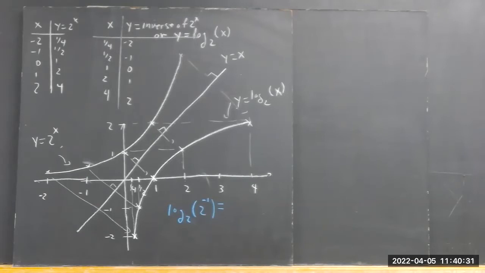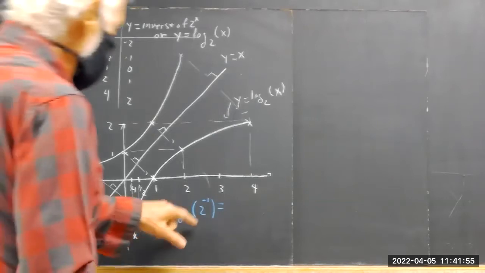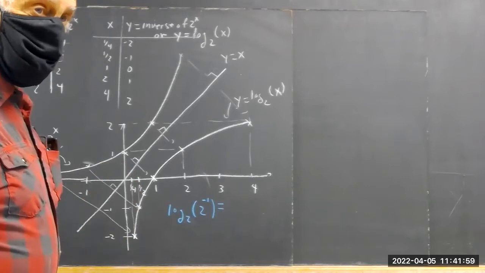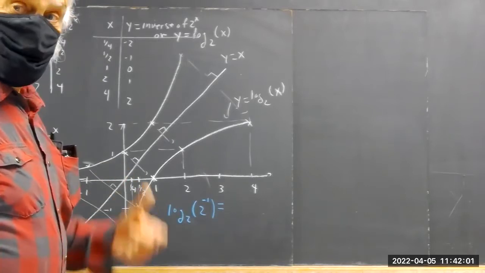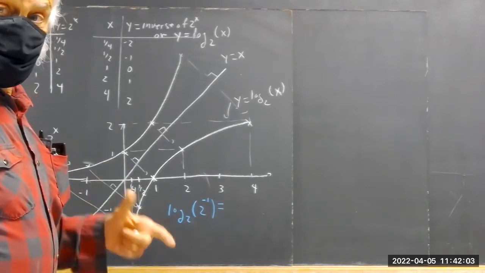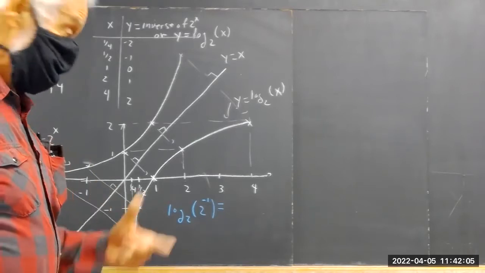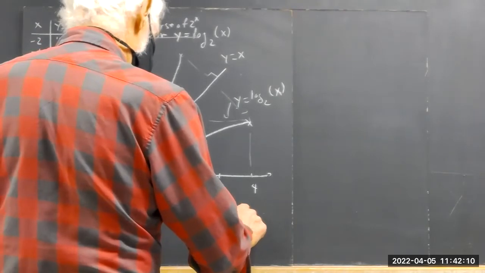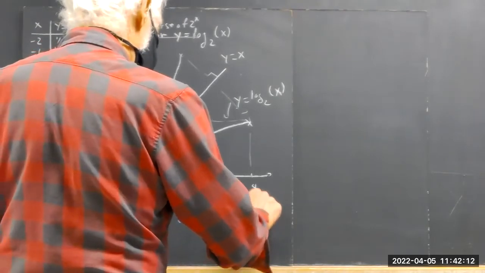Think on that for a minute, see if you can get it. Okay, log base 2 of 2 to the negative 1. Well, 2 to the negative 1 is 1 over 2 to the 1. Now, people are still somewhat confused on these exponents, and you really can't be. You have to understand negative exponents. Review it, whatever. Anyhow, that's log base 2 of 1/2.